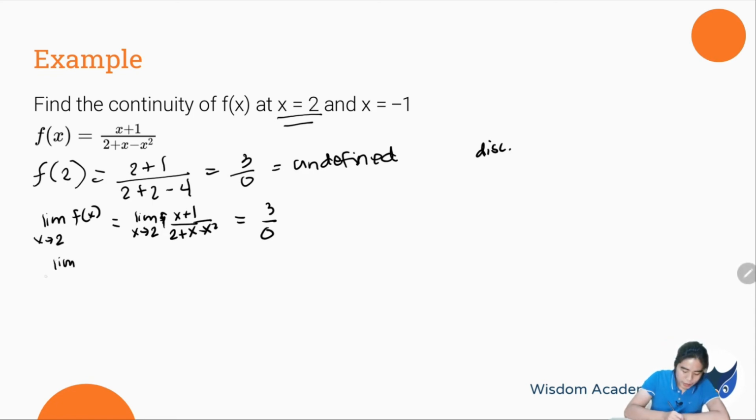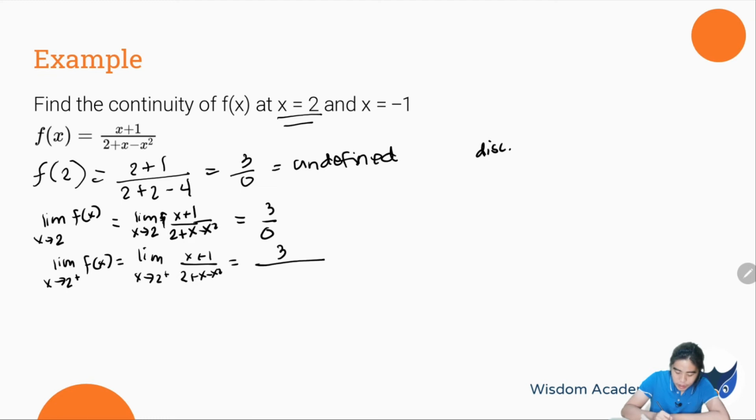So, limit as x approaches 2 from the right, f of x. So, equal siya sa 3 over 2 plus 2 from the right minus 2 from the right squared. So, gumamit tayo ng values dito para hindi nakakalito kung ano yung magiging sign.